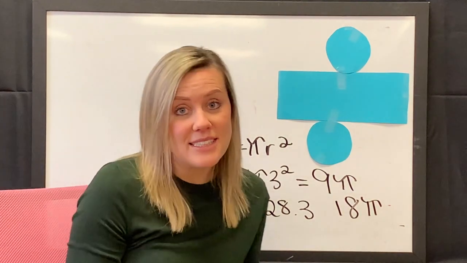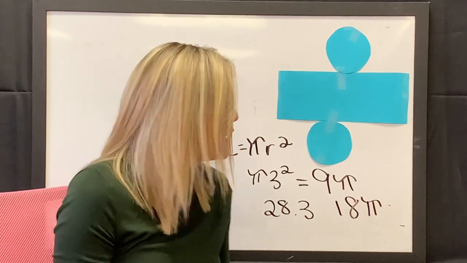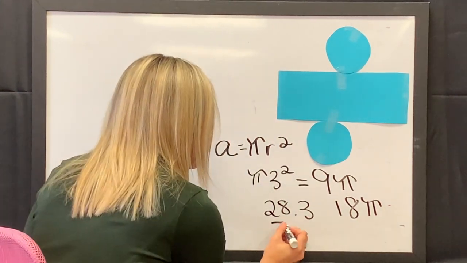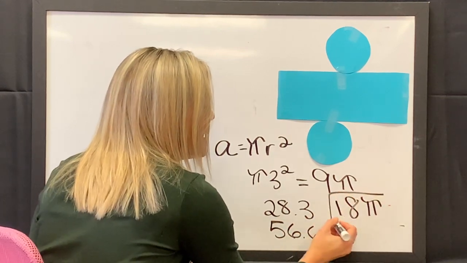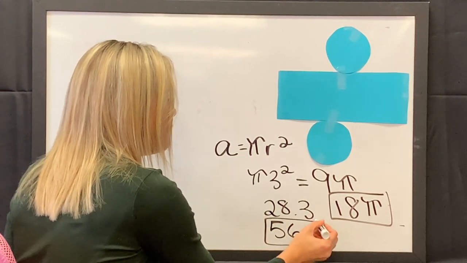And then I'm going to take 28.3 and multiply that by 2 also, which is 56.6. So this is the area in terms of pi, and this is the rounded area of both circles.